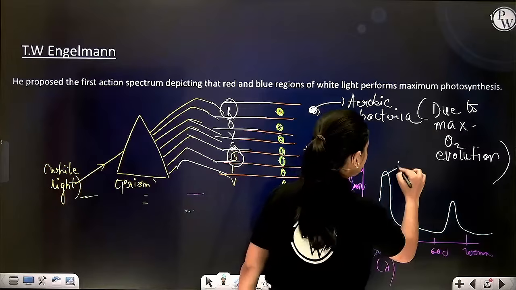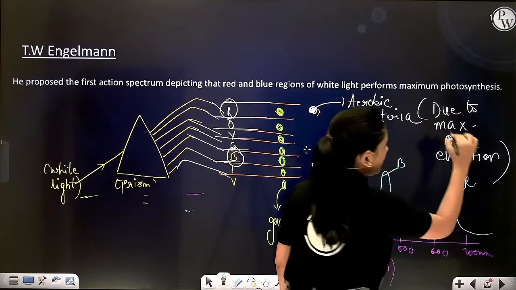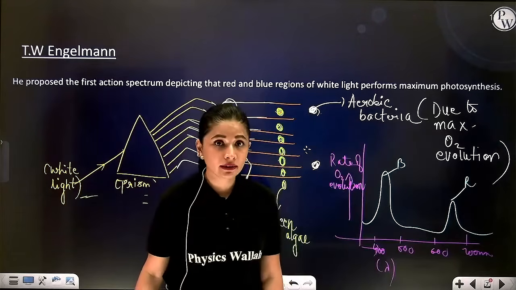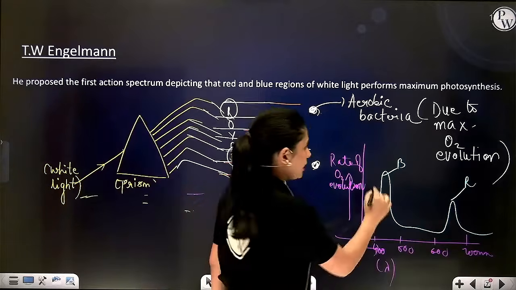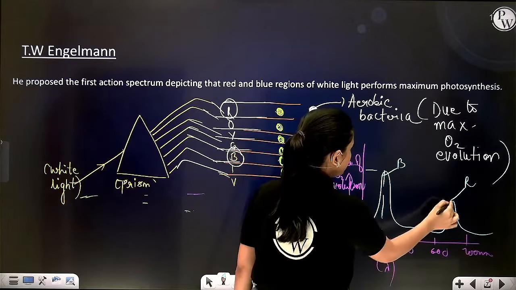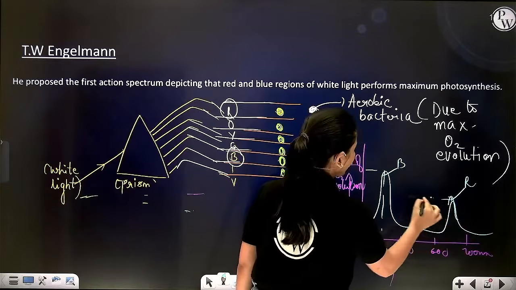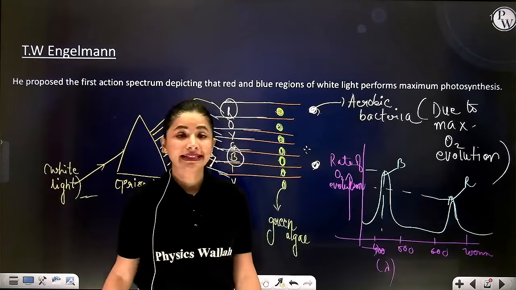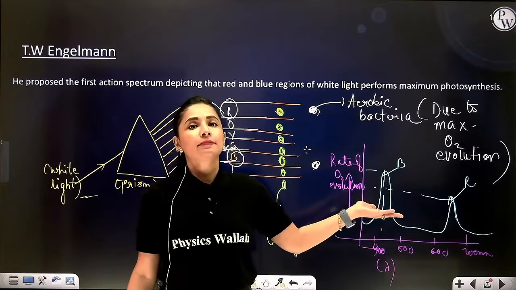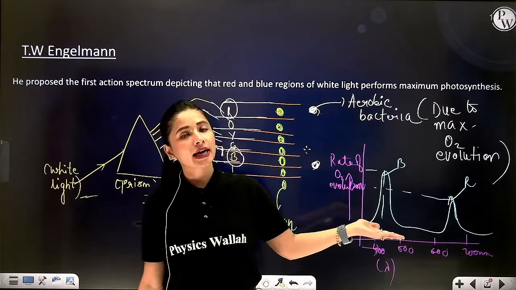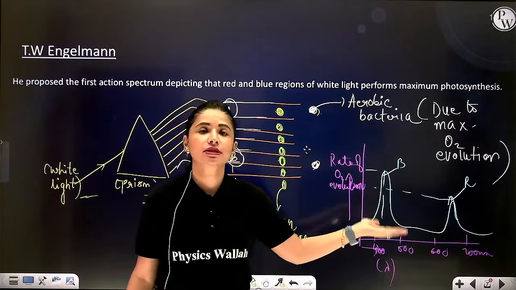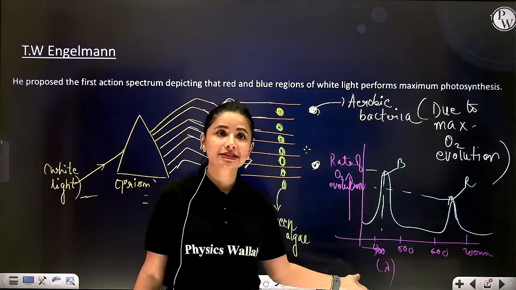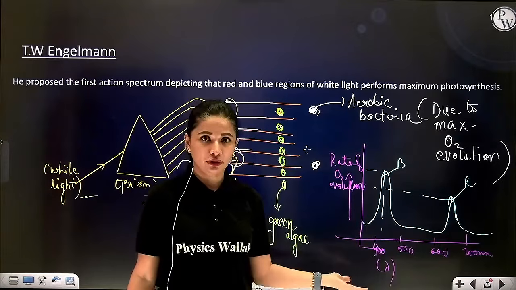These two peaks, one at blue region and another at red region, tells that here the oxygen evolution is maximum, telling us that the most favorable component of white light for photosynthesis is blue and red, and this is known as action spectrum.